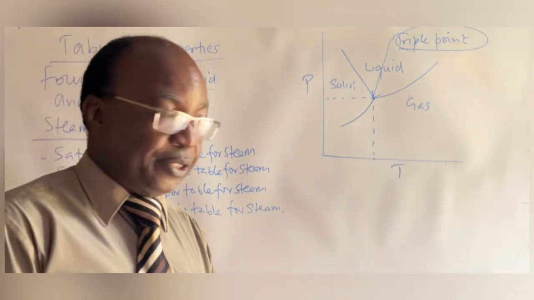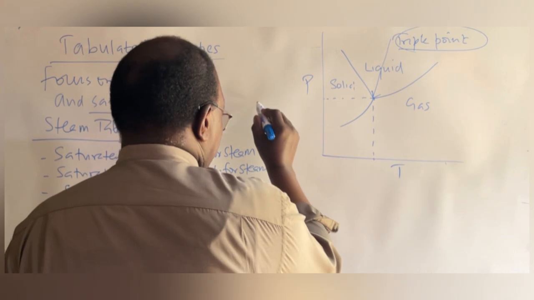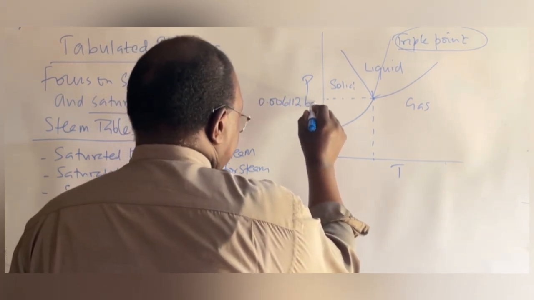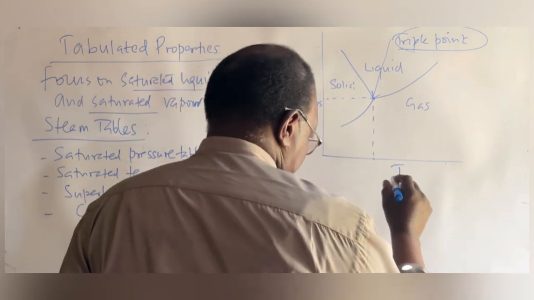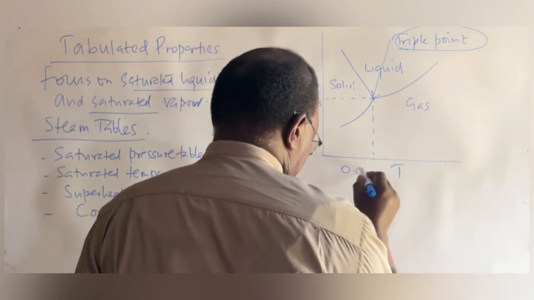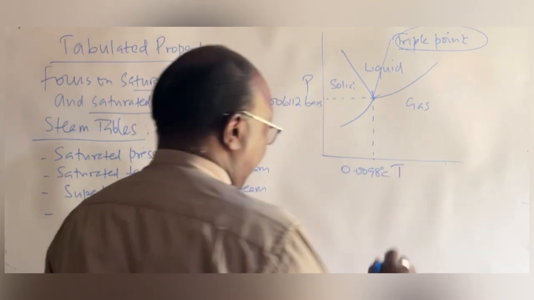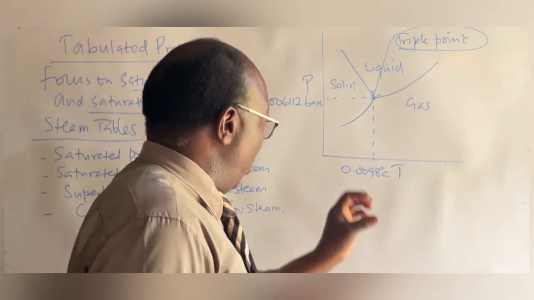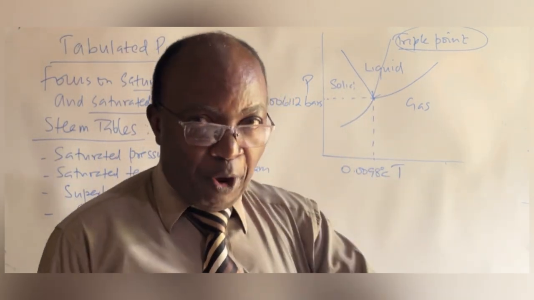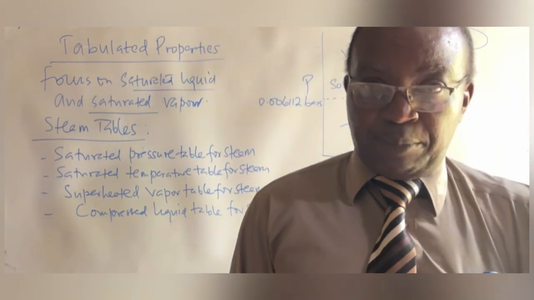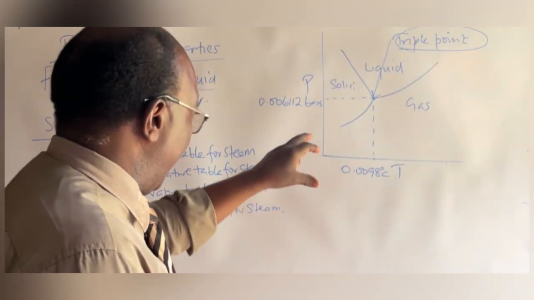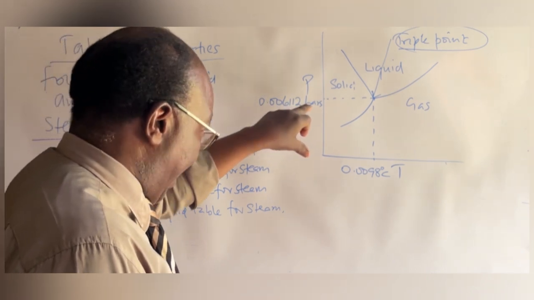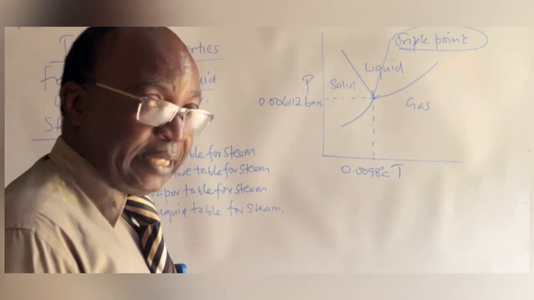You have no other choice. For water, the pressure is 0.006112 bars, and the temperature is 0.0098 degrees centigrade. This is a very important reference point for the steam tables. The reference point for the pressure is 0.006112 bars and that particular temperature.